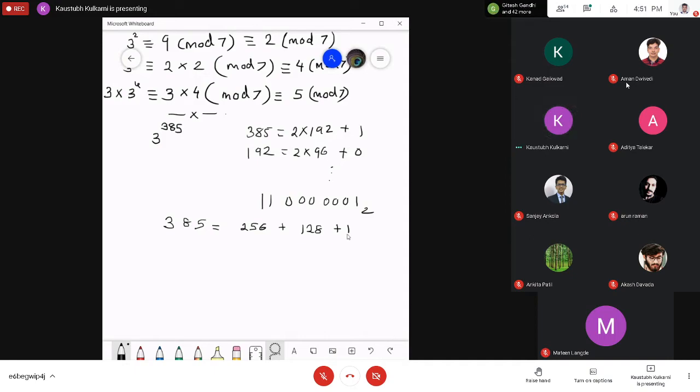And now what we'll have to do is, we know the modulus for 3, we know the modulus for 3 square. From 3 square we found 3 raised to 4. 3 raised to 8 can be found from 3 raised to 4. 3 raised to 16 can be found from 3 raised to 8.